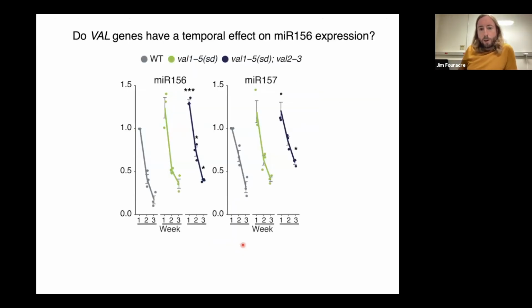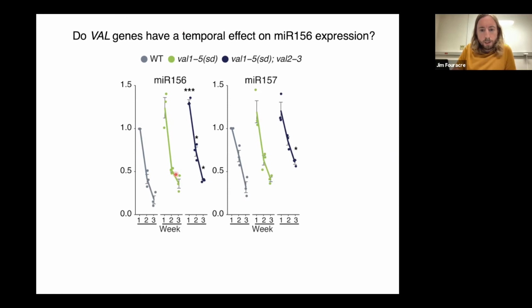The next obvious thing I wanted to test was whether Val genes are regulating the temporal expression pattern of miR156. So I quantified RNA levels in these different mutant plants. In wild type, again in silver, you can see this very characteristic temporal decline from 1 to 2 to 3 weeks of both miR156 and miR157.